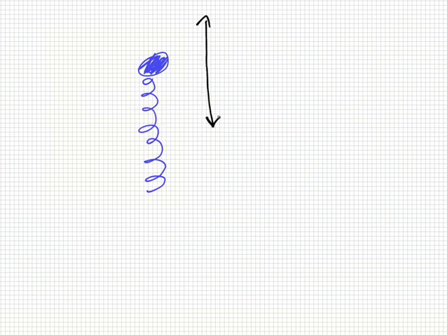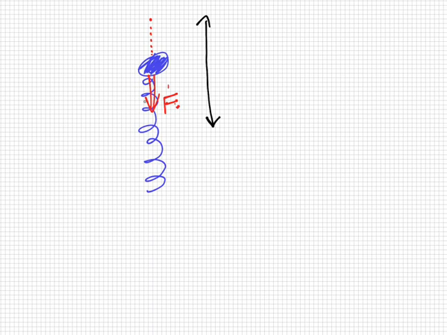So what I'm saying is, if you have something like a spring, here's the spring going up and down. What's happening here is there's a force this way. And the bigger the displacement, the bigger the force.